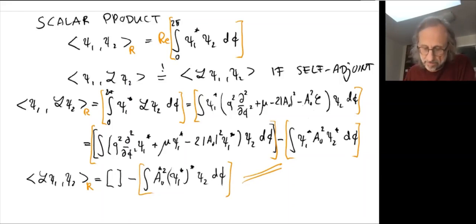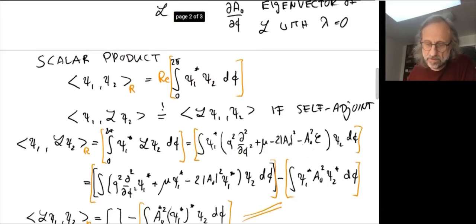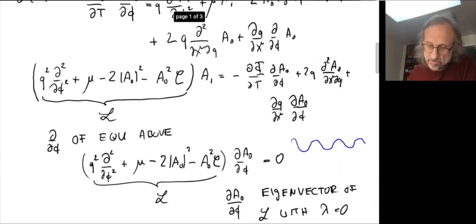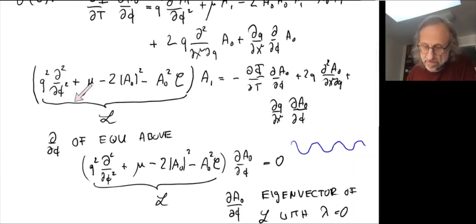And so now, using this scalar product, we have the left eigenvector of the linear operator, which is simply dA naught by d phi. And we now take our expansion, this equation here, and we project it onto that left eigenvector. Or if you want, that's a fancy way of saying multiply with the left eigenvector from the left, right? And use that scalar product.